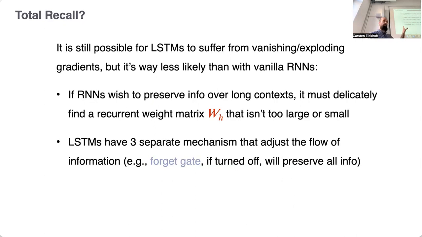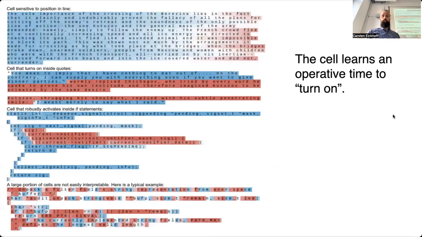That's tricky business. This is really like tightrope walking. Now, instead, we have these three explicit mechanisms to carry through information and basically do this explicitly. And this has led to much improved performance on a lot of data sets. We're going to look into some of these in a short moment.